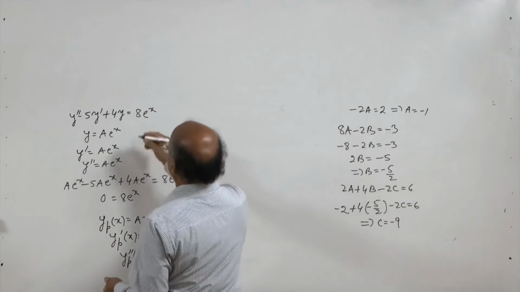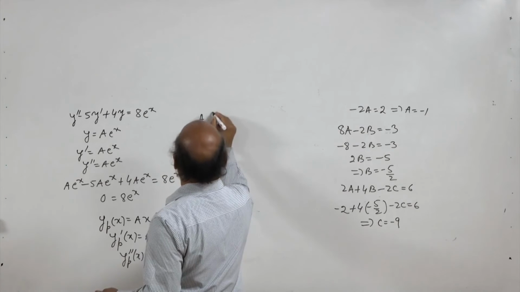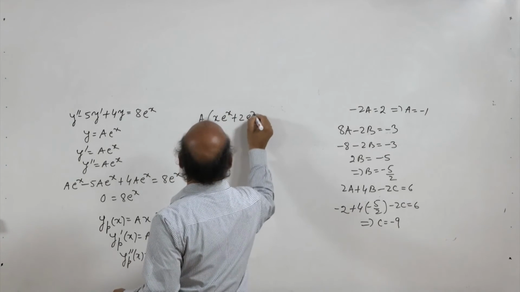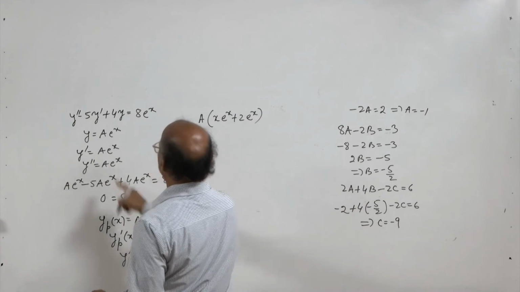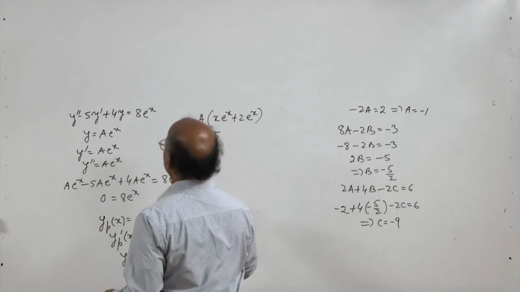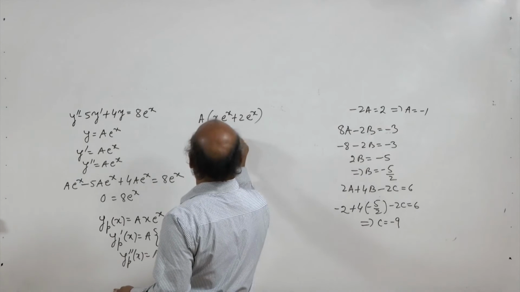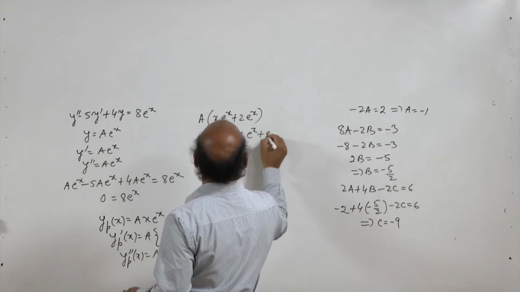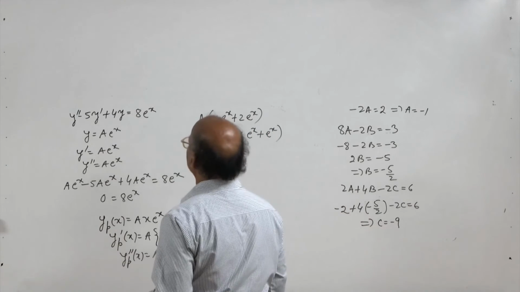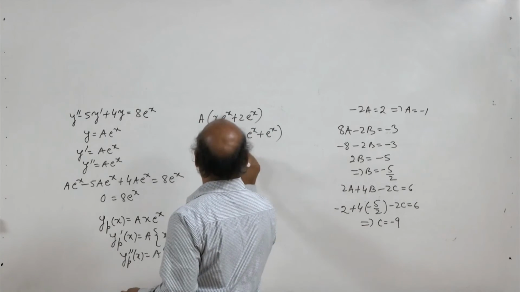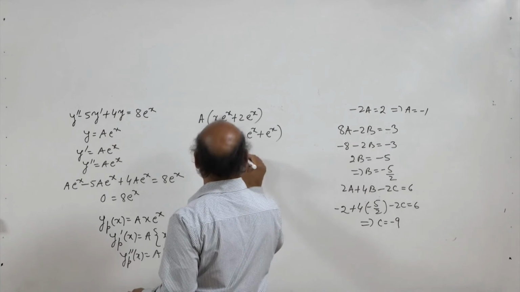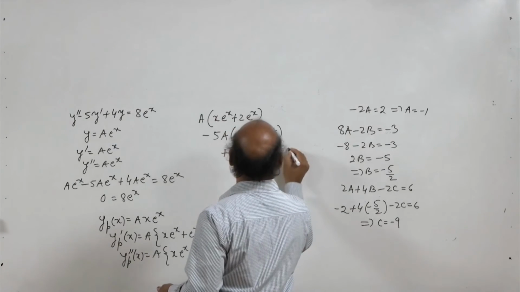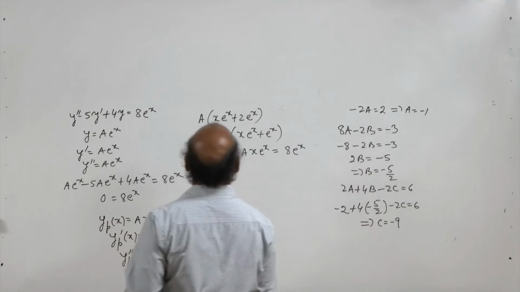So, a times x e to the power x plus 2 e to the power x, that is y_p double dash, minus 5 y_p dash, means a into x e to the power x plus e to the power x, and then we have 4 times y, which is a x e to the power x, equal to 8 e to the power x.